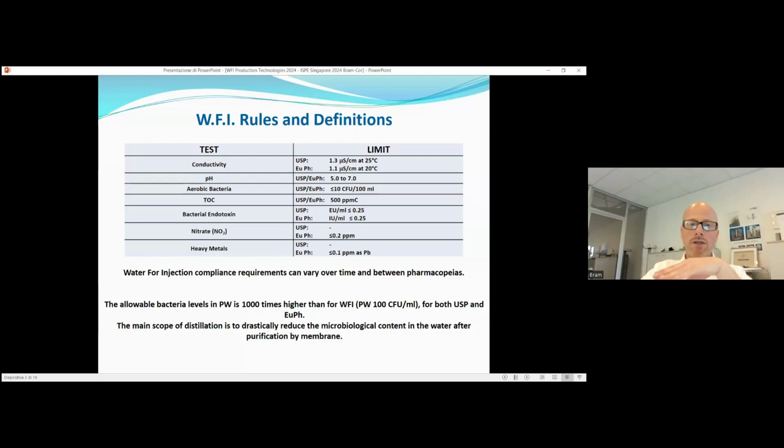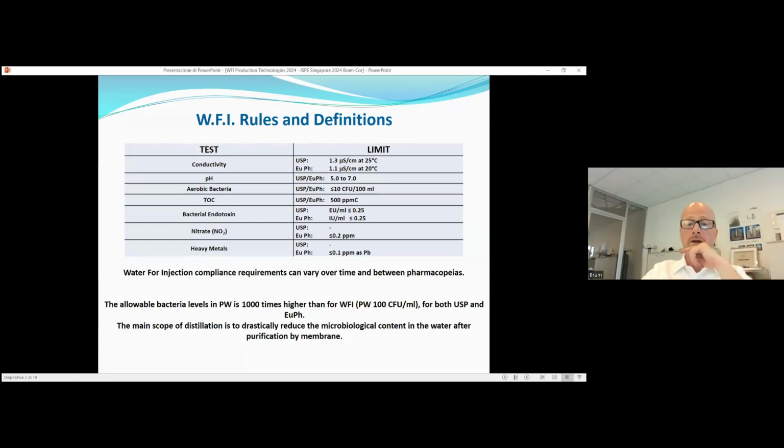For the pH, aerobic bacteria, TOC is the same requirement. For the endotoxin, there is a different way of measuring between the 2 systems, but we are talking about 0.25 EU per milliliter for USP and IU per milliliter for the European pharmacopoeia.